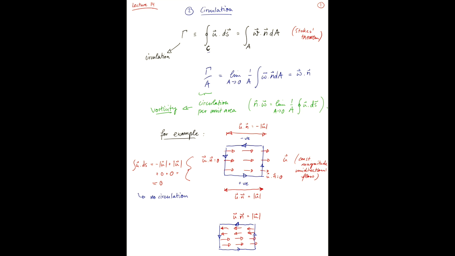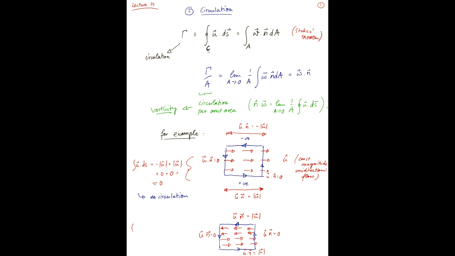And down here we have u dot n is also u. So that's for the bottom half. Whereas on the sides again, we have u dot n is 0 on both sides.